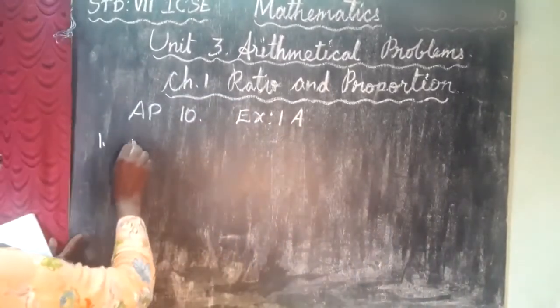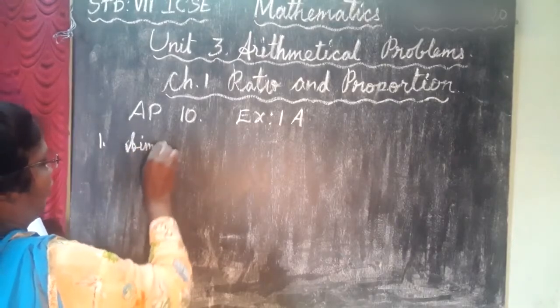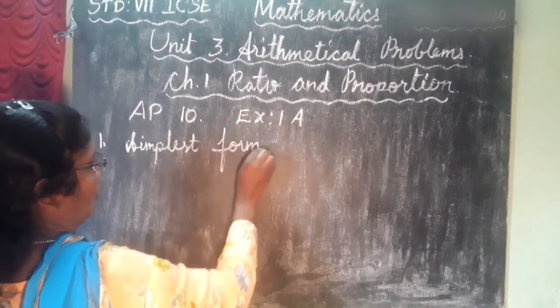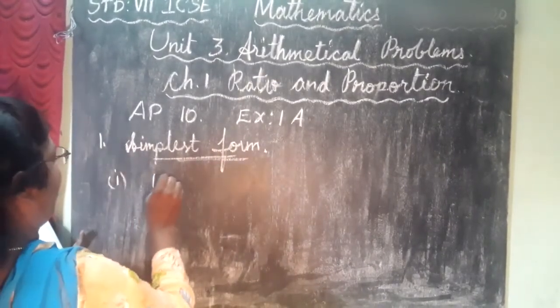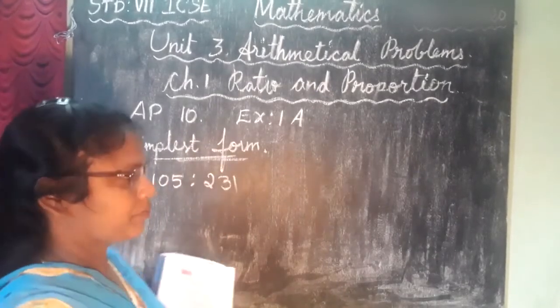First one, first option is what? We are going to write in the simplest form. Whatever the ratios are given, we are going to write in simplest form. First option is 105 is to 231.